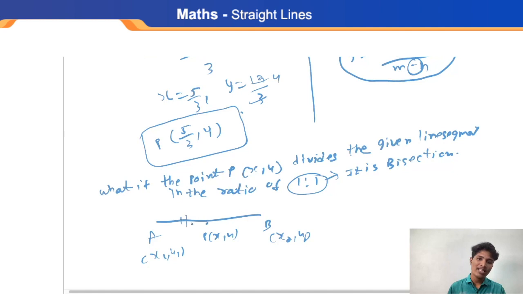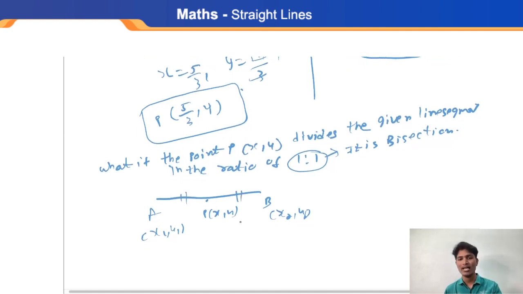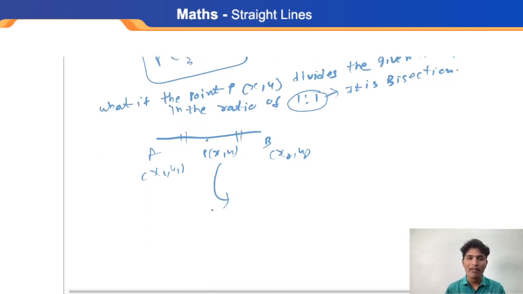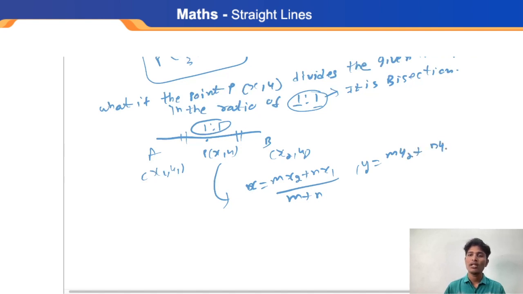If it is dividing these two in equal lengths, then this point P can be found by simply taking m:n as 1:1. Why? Because these two lengths are equal, so if I divide the ratios, it will be 1:1. So in the formula, x is equal to (mx2 plus nx1) divided by m plus n, and y is (my2 plus ny1) divided by m plus n.